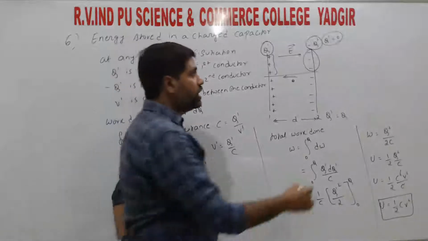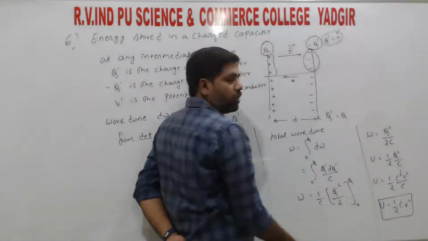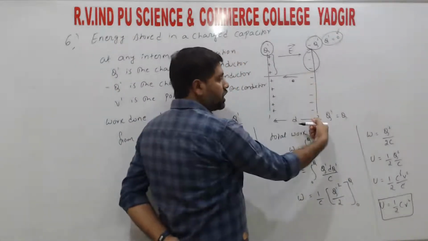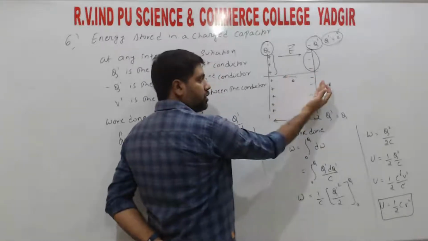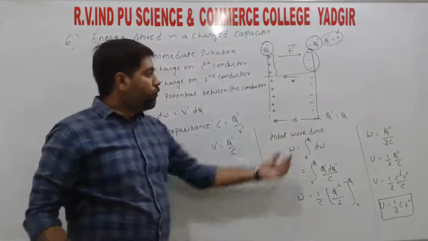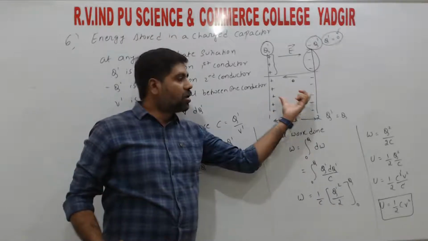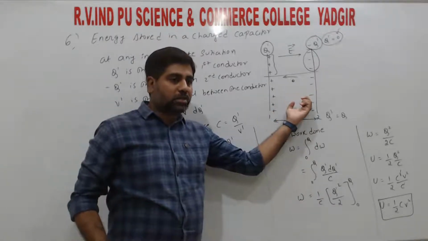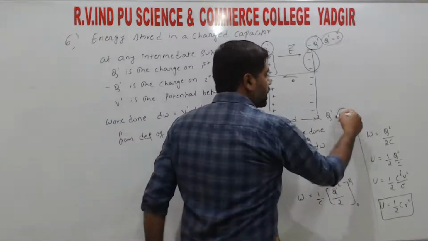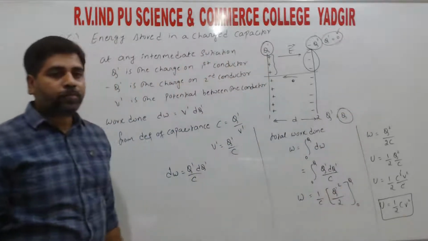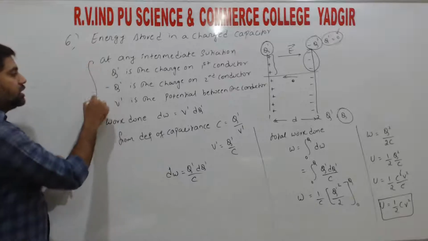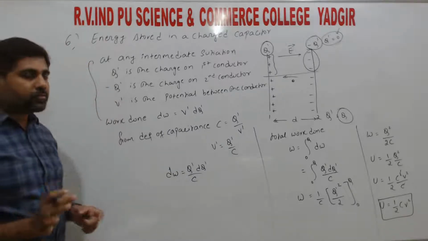That Q dash is initially 0. After a certain time, the electric charges are fully moved from the second conductor to the first conductor, and then the capacitor gets fully charged. Up to that extent, that is Q, right? So that is the consideration, right?